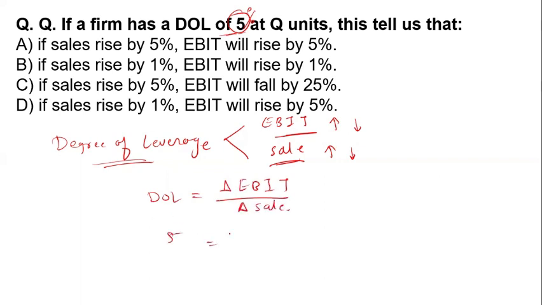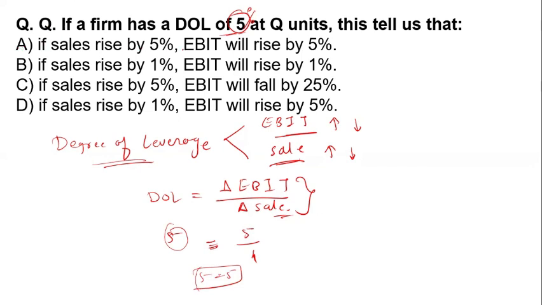So DOL is 5. Equalizing the DOL with the change in EBIT divided by the change in sales, I can write EBIT as 5 and sales as 1. If sales is 1, then it is going to be equal, that is 5 equals 5. So we just look at the options, and that is option number A.